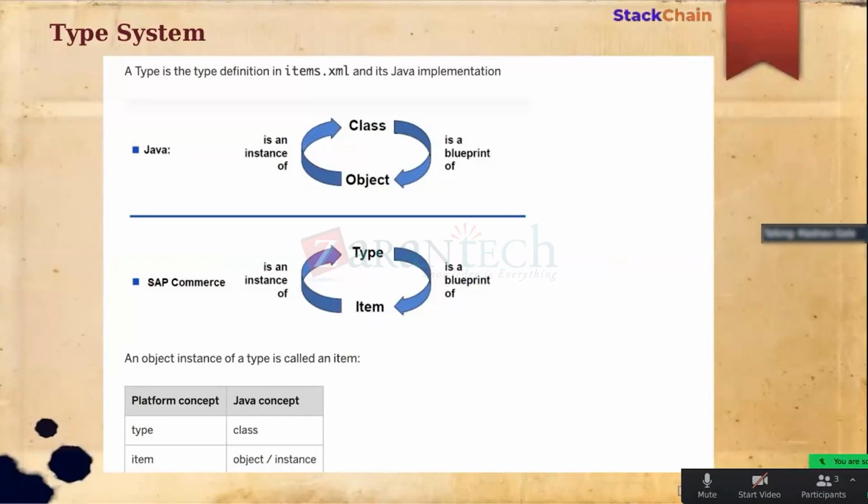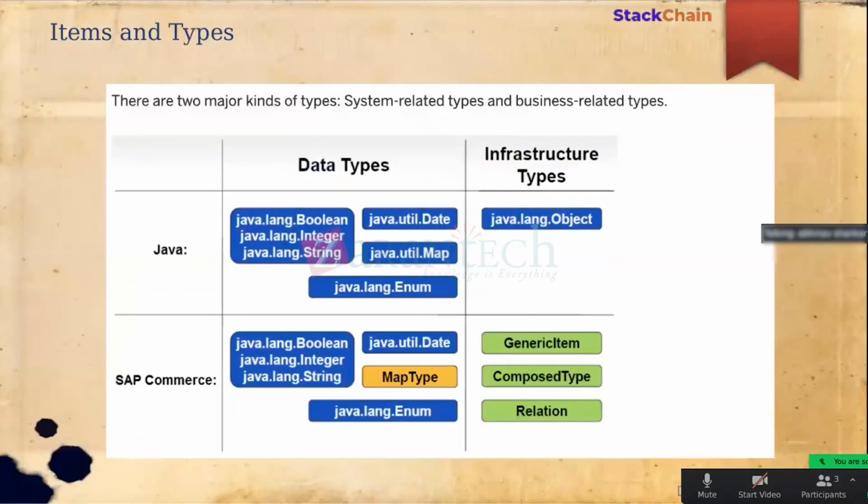Apart from this, we also saw yesterday data types: there are boolean data types, map, string, integer, and we can use double also. All these attributes for a particular column we define in items.xml, right?